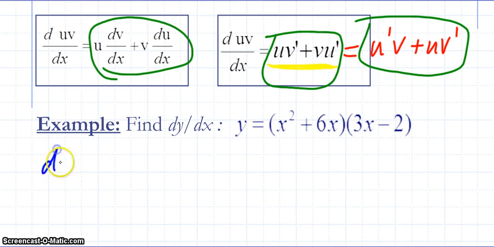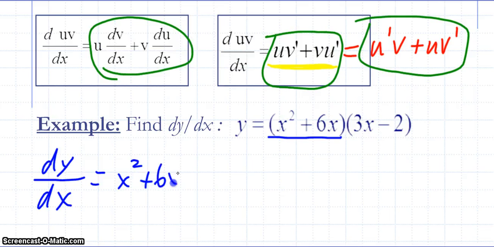So dy dx is going to be u, which is my first function, so I'm going to rewrite x squared plus 6x, times the derivative of v. Right now this is my v and this is my u, so the derivative of v is 3.